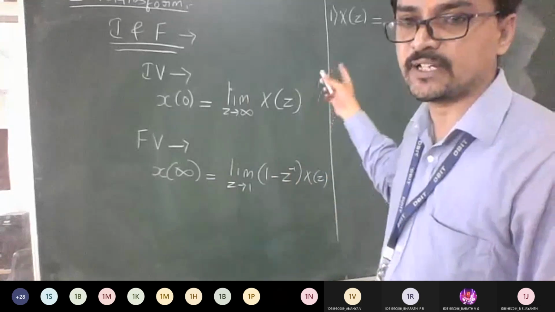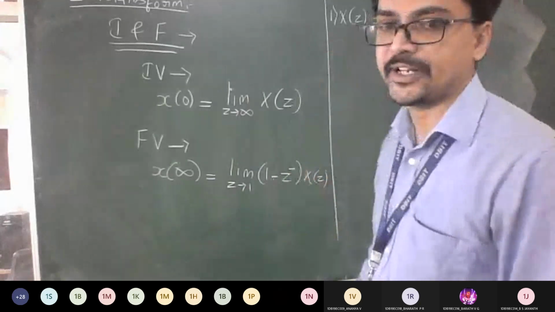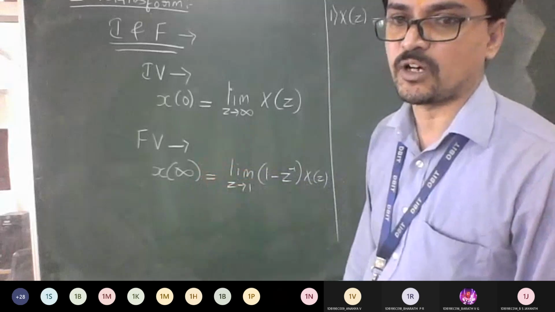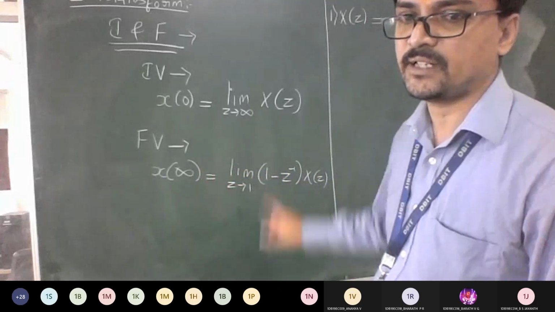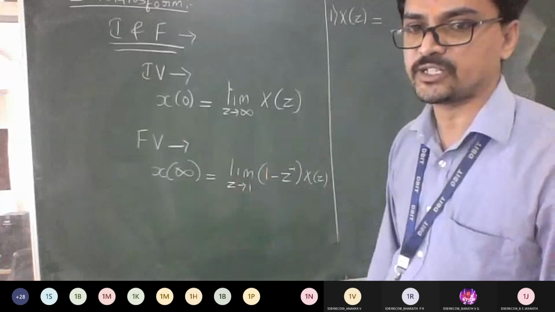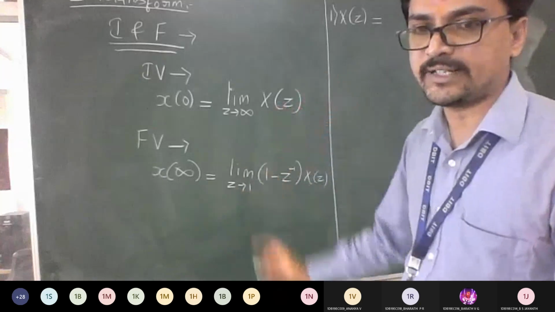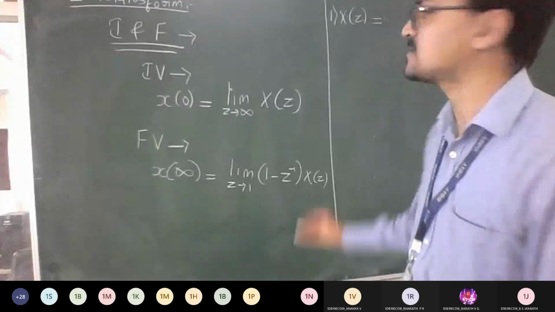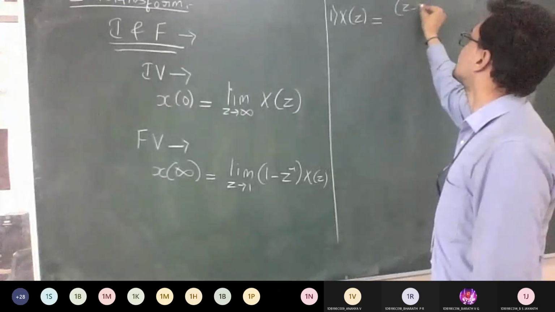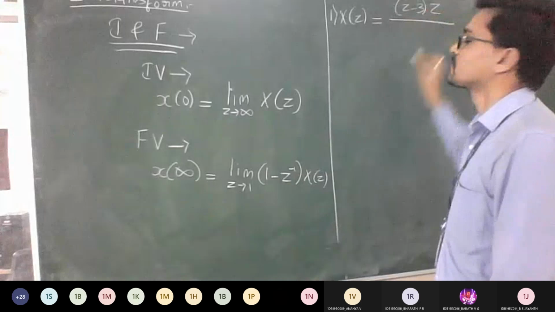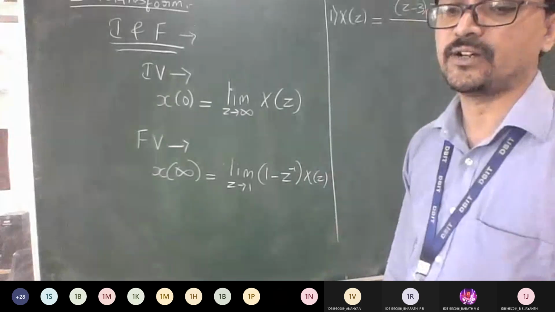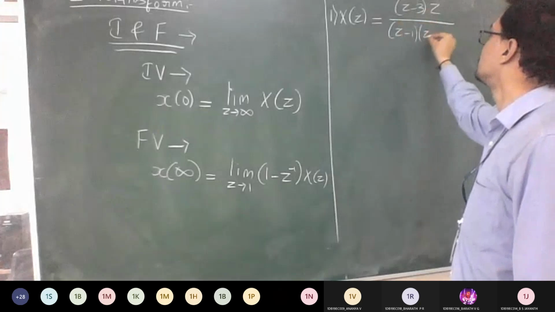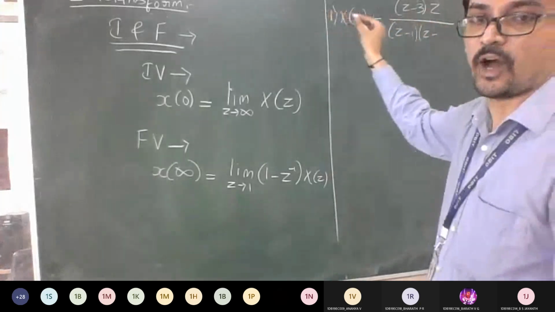Even if it isn't given, if x of n is given, you need to know how to get x of z, as we did in the previous category. That type of problem is also applicable. So after that, how to apply these two theorems, let me deal with this. x of z is given as z minus 3 into z whole divided by z minus 1 into z minus 0.4.